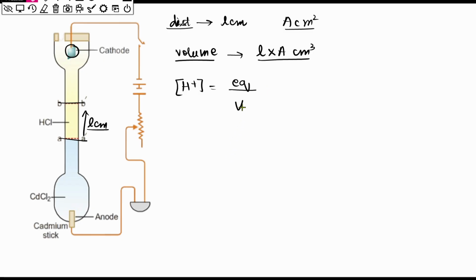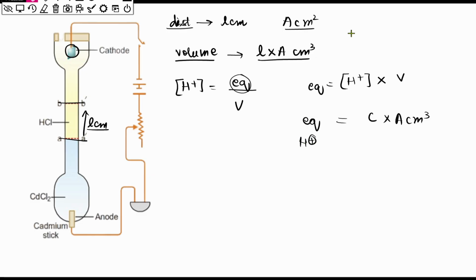So the equivalents will be equal to the concentration of H plus ions multiplied by the volume. The volume is A centimeter cube and the concentration, let's assume it to be C. This will be the equivalents of the H plus ions.